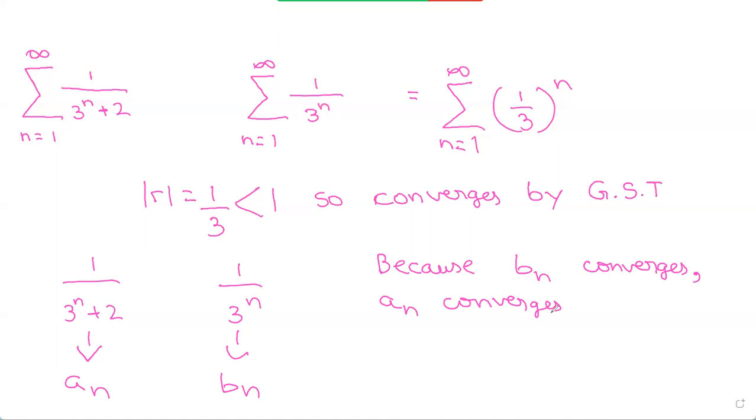So because b_n converges, a_n also converges. This is because of the direct comparison test. So now let's look at our final example.